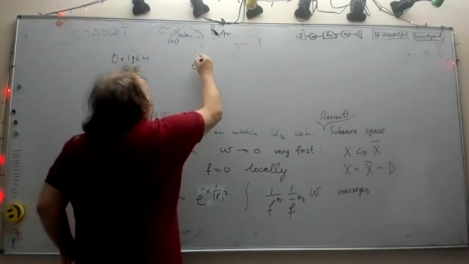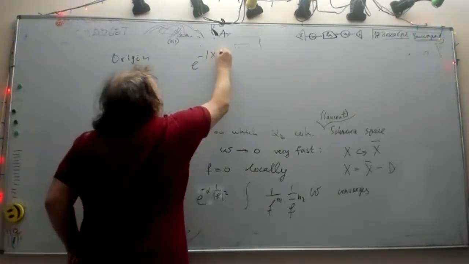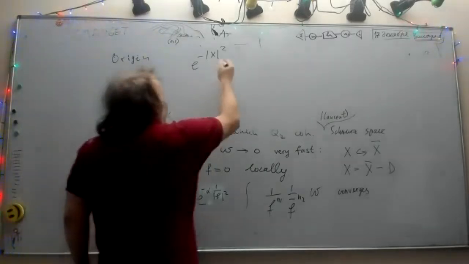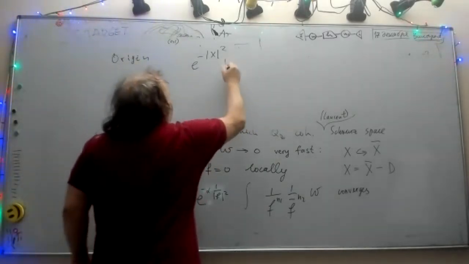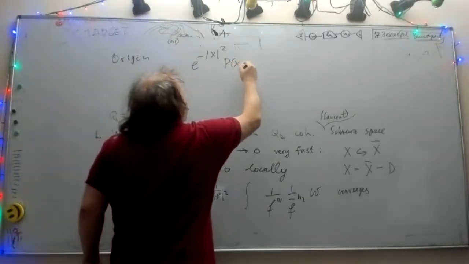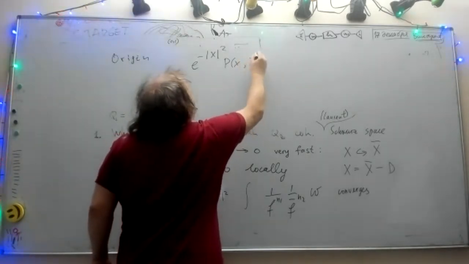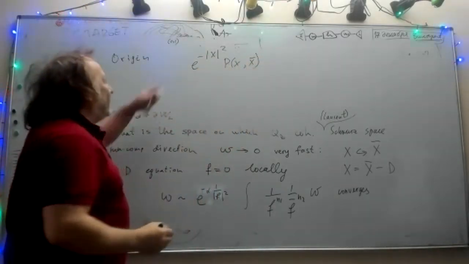Suppose we have something like 1 minus x squared. So it's clear that, and I would like to consider something that are polynomials in x and x bar.